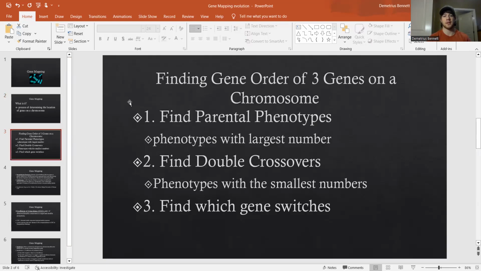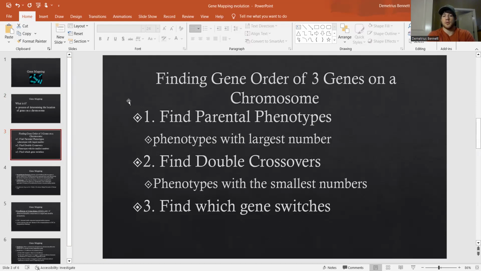The steps to start are, when you're looking at a population, you need to first find the parental phenotypes. Those are going to be the most common phenotypes, the phenotypes with the largest number in that population. Then you need to find the double crossovers.